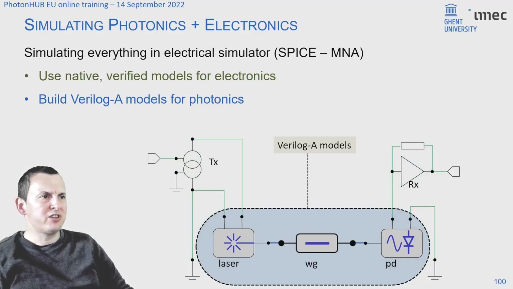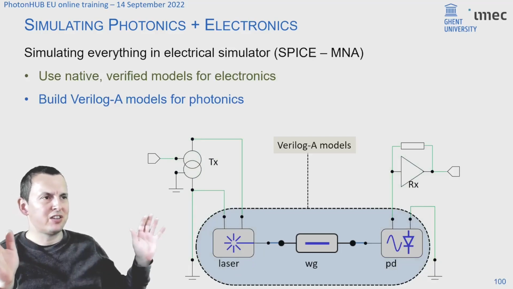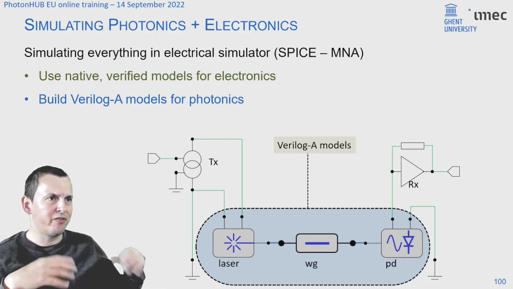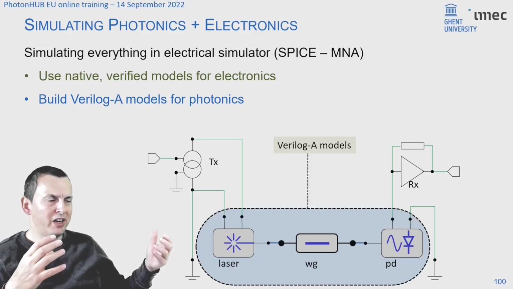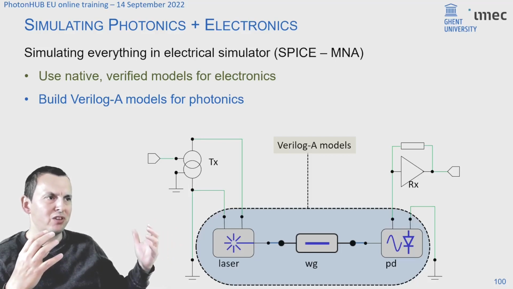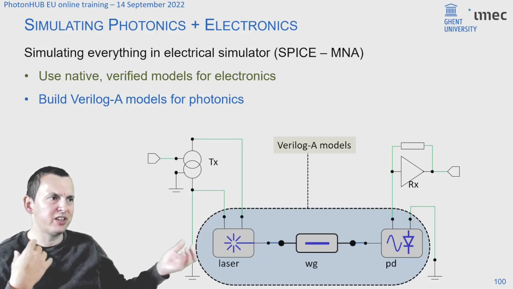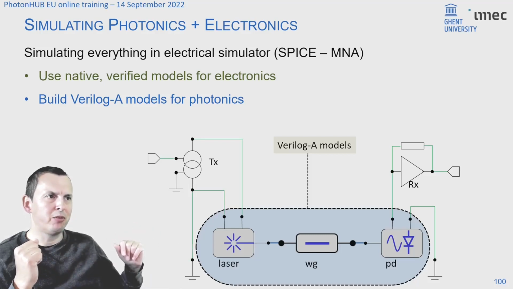You could, for instance, just say, I'm going to do everything inside my electronic circuit simulator. So I'm trying to build my photonics as, for instance, Verilog-A models, or even a SPICE representation of my photonic circuit. I'm going to mimic its behavior, signals in and signals out, as Verilog-A models.